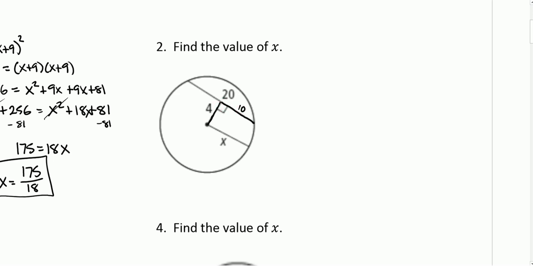Also, the segment here is 4, and the length from the center of the circle to the circle, that's your radius, is also x here. And so we can use the Pythagorean theorem again. 4 squared plus 10 squared is our hypotenuse, which is x squared.